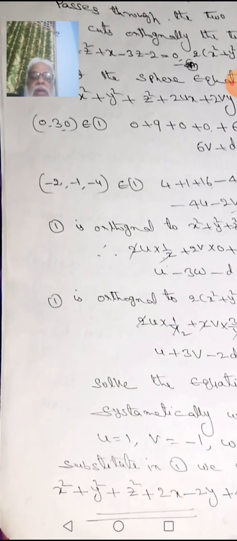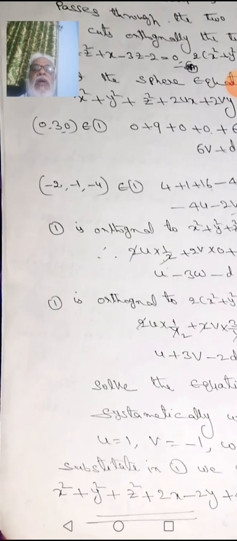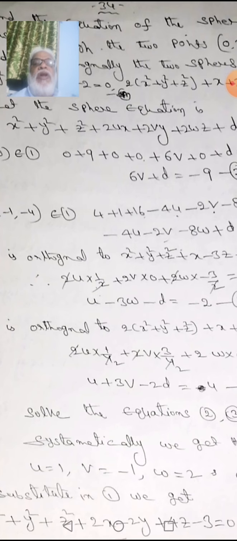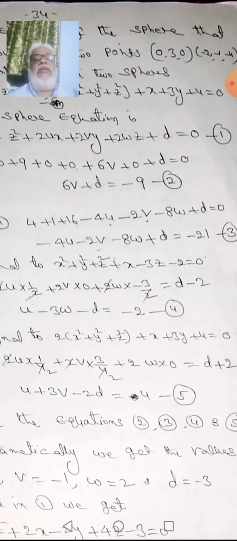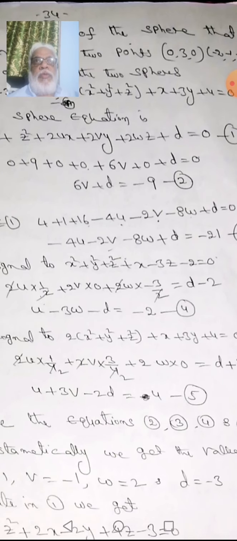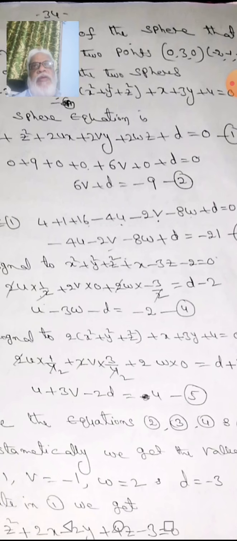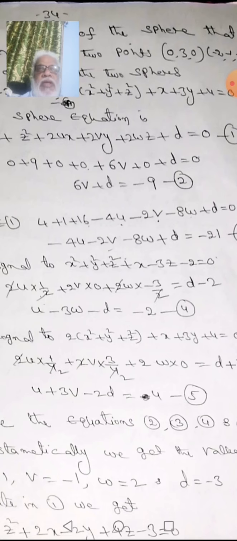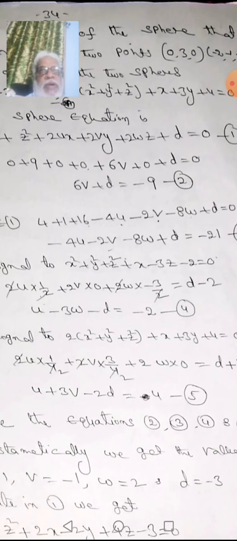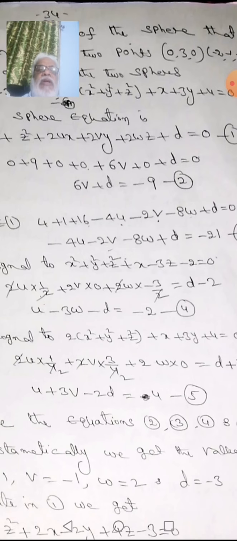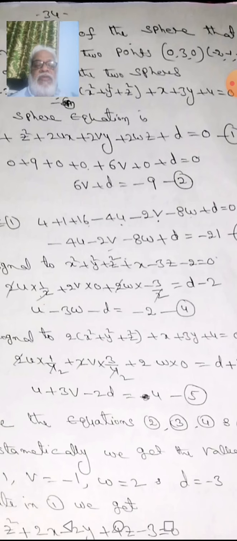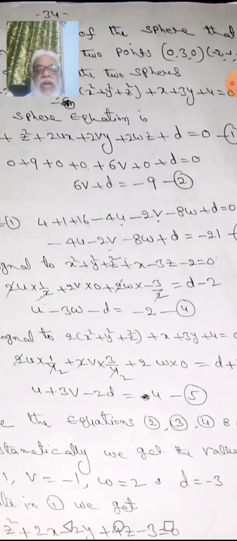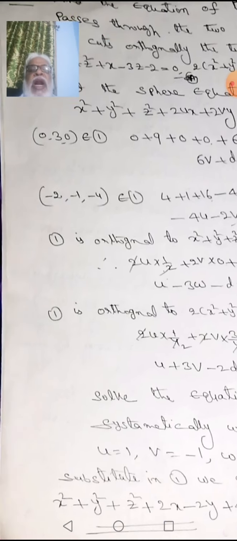This is the procedure for finding the equation of a sphere. It passes through 2 points, or passes through 3 points and is orthogonal to one sphere, or passes through 1 point and is orthogonal to 3 spheres. Whatever it may be, we get 4 equations and solve them to get the u, v, w and d values.